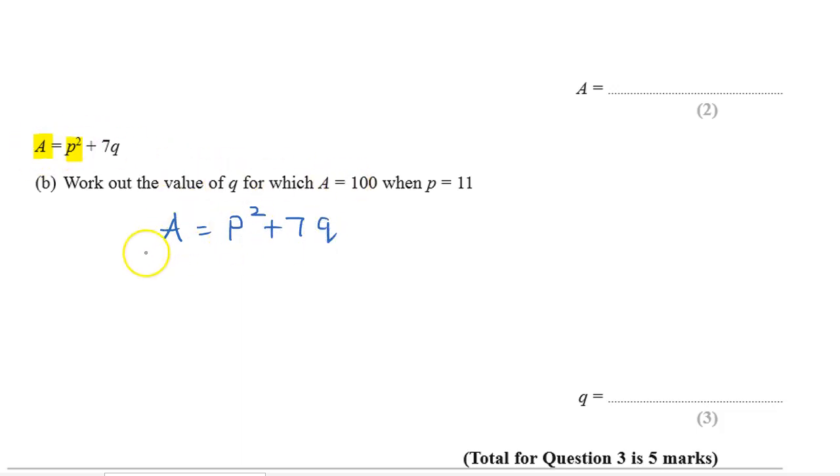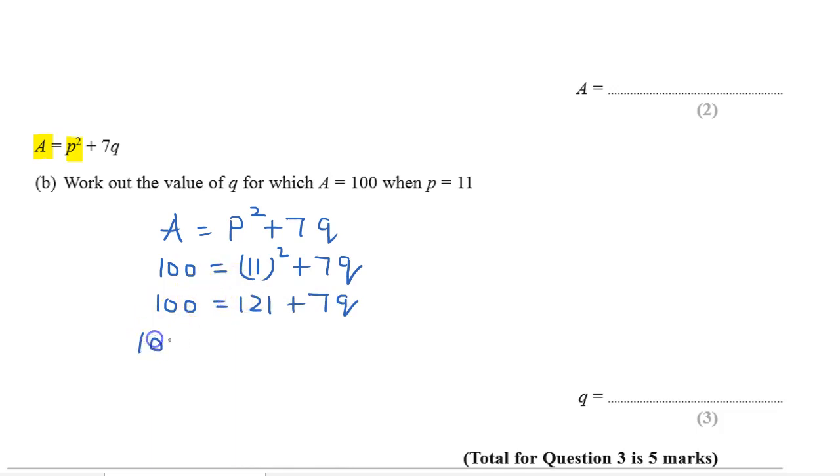Now 100 is equal to 11 square, which is 121, plus 7Q. We take 121 this side, so that is 100 minus 121 is equal to 7Q. 121 is a bigger number, so it will be minus 21 is equal to 7Q.